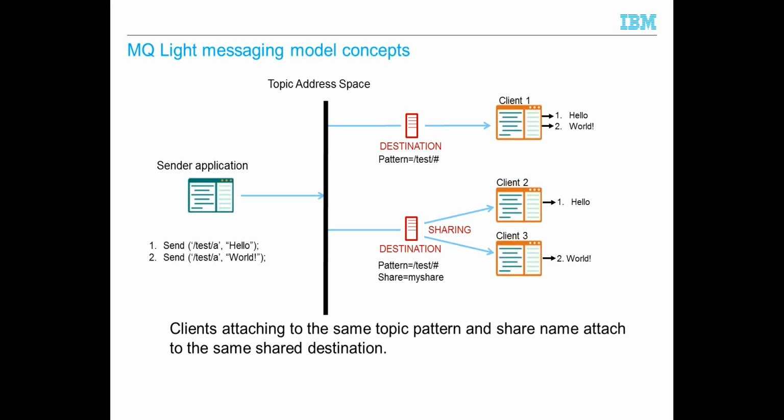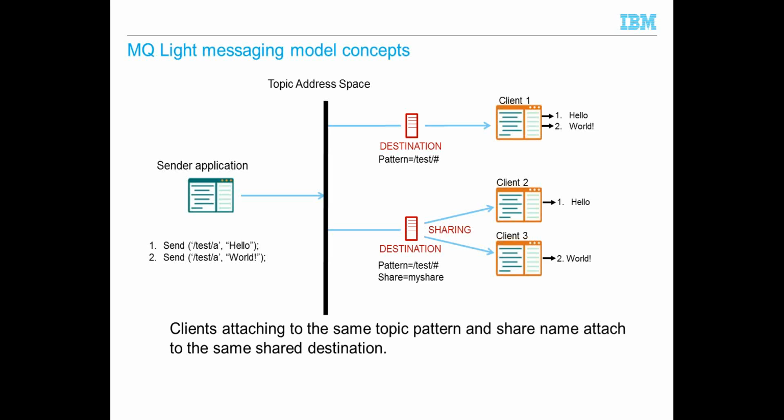And then your receiving applications can use a private destination with a subscription, and what that means is they will receive every single message that comes through on that particular topic. So as you can see, in the example in the diagram here, client 1 receives both of the messages, so it's very much a pubsub paradigm there.